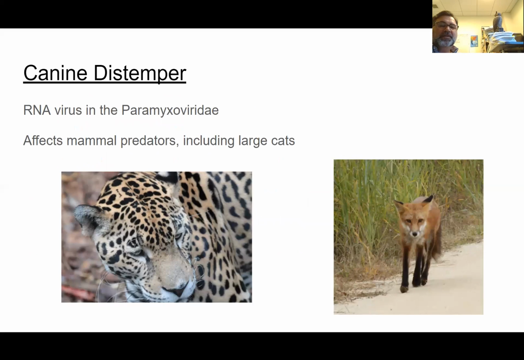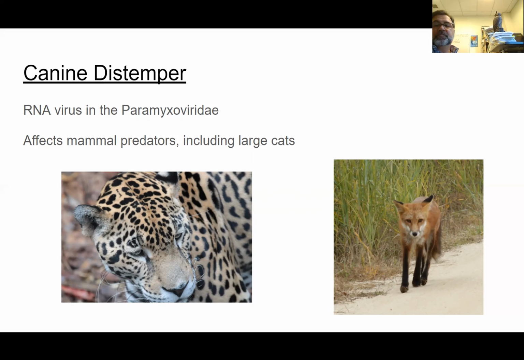All right, canine distemper is an RNA virus in the Paramyxoviridae. It's called canine distemper, but it affects all kinds of animals, mostly predators. I've seen raccoons with distemper. They look like they're drunk.